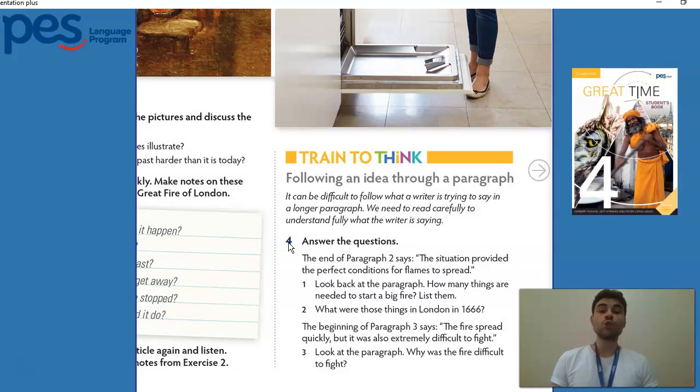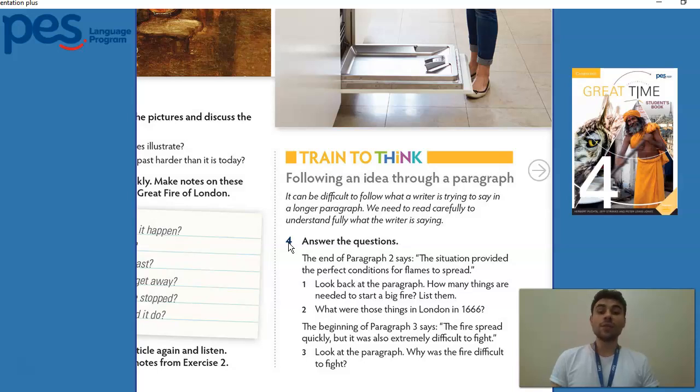Then we have 2 questions related to this. The first one is, look back at the paragraph. How many things are needed to start a big fire? You have to list them. And number 2, still related to paragraph 2, what were those things in London in 1666?